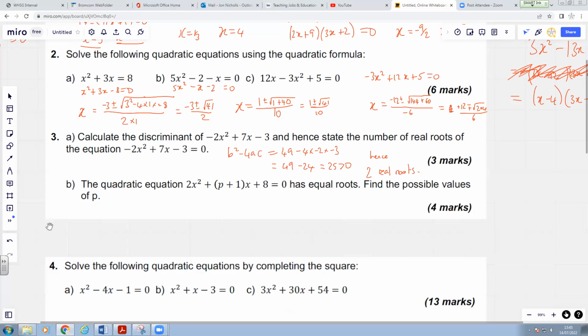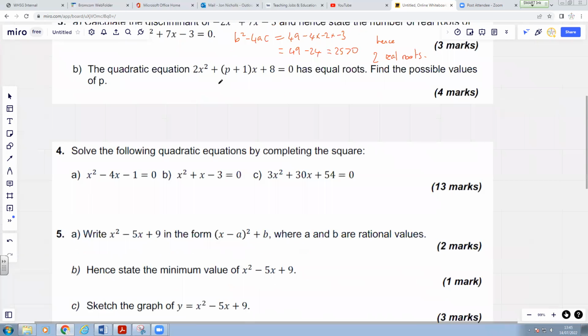Okay, right, what about the next one? The quadratic equation 2x squared plus (p plus 1)x plus 8 equals 0 has equal roots. Well, that's where b squared minus 4ac equals 0. We can call this equal roots or a repeated root. The classic ones are repeated root or equal roots.